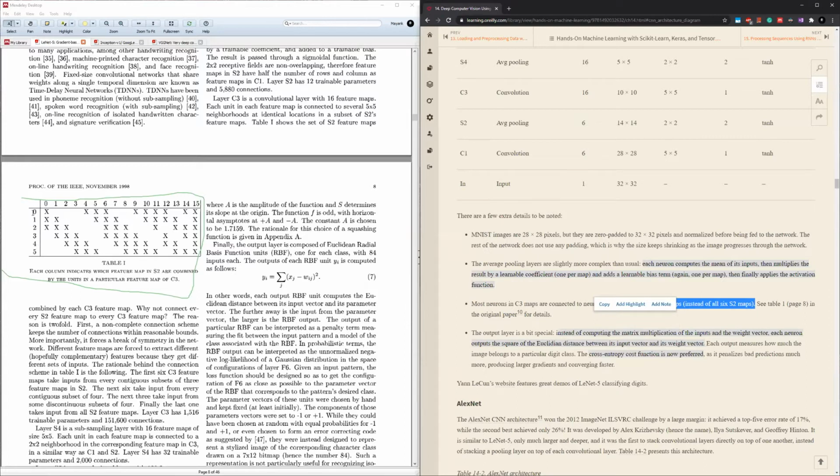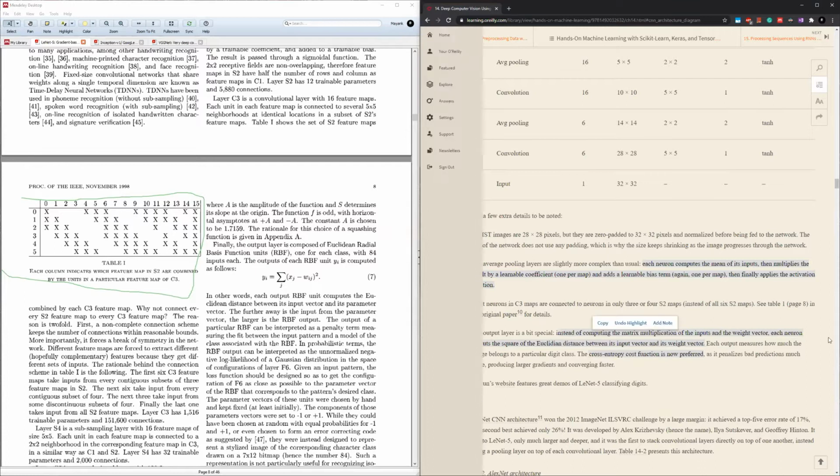This I think is the S2 map. 0 to 5 are the 6 S2 maps, and 0 to 15 are the 16 C3 maps. And how the neurons are connected here, they have described it here: only 3 or 4 S2 maps.